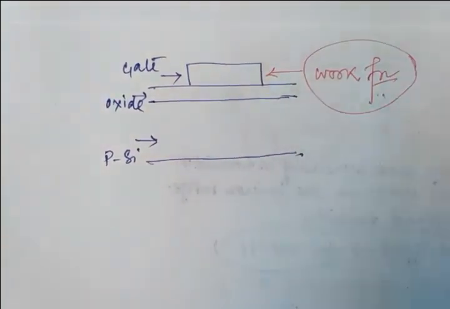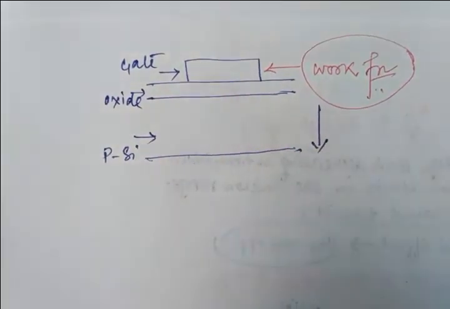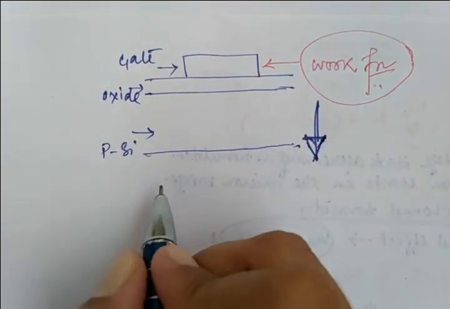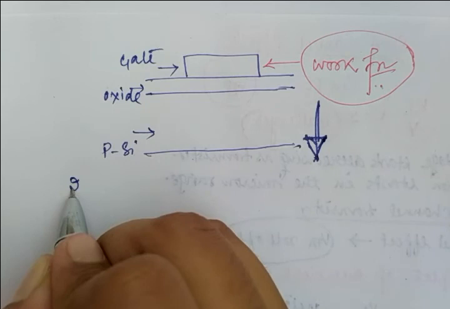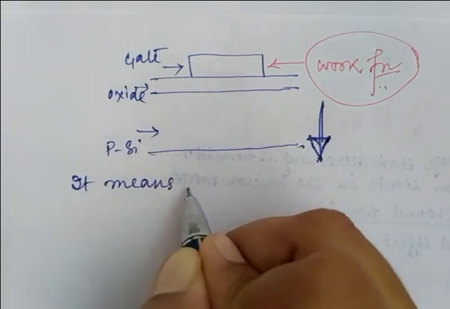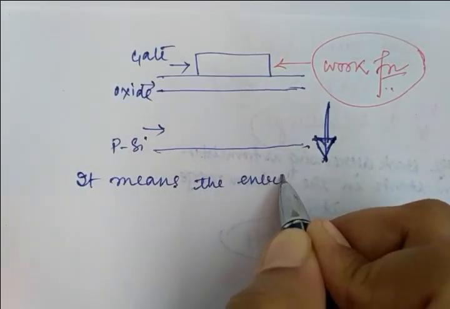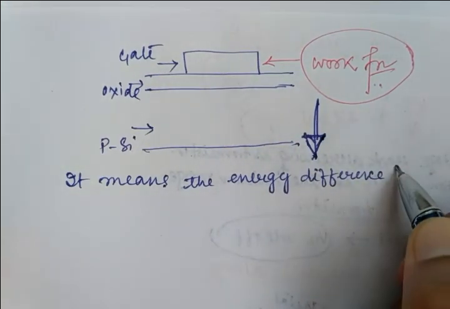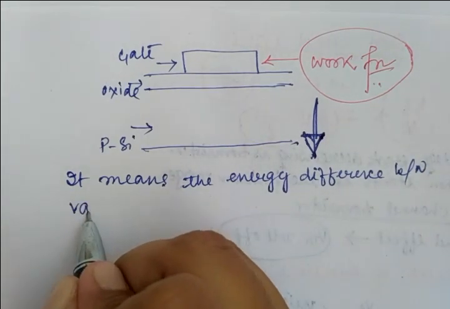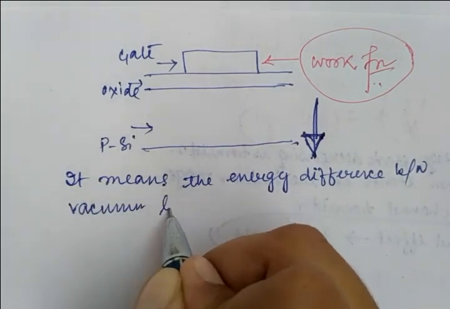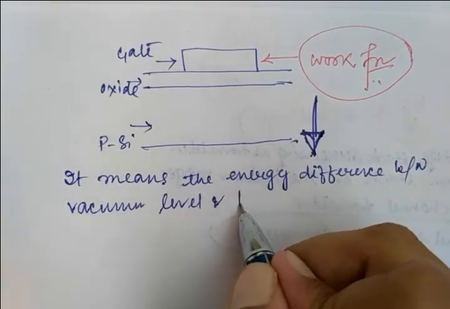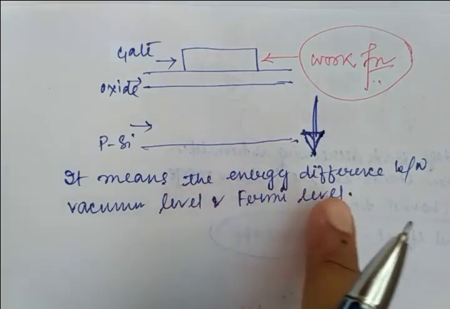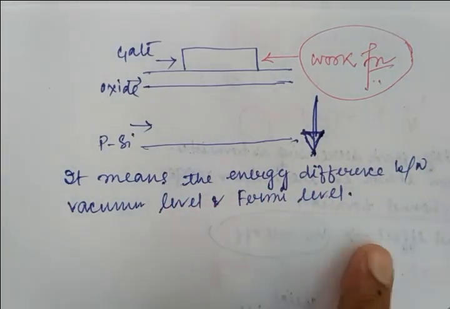So what is the work function? I am just writing the definition. It means the energy difference between the vacuum level and the Fermi level.